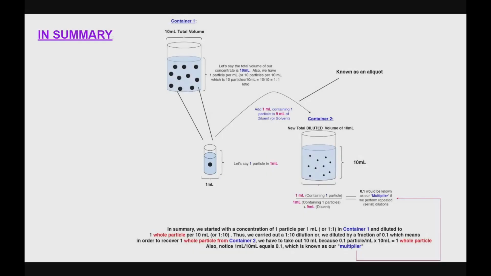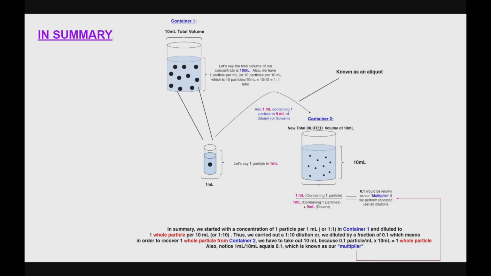So in summary, we would have container 1, which has 1 particle per milliliter. We would take 1 milliliter out of container 1, and add it to 9 milliliters of diluent in container 2. The 9 milliliters would add to the 1 milliliter to form a total of 10 milliliters.